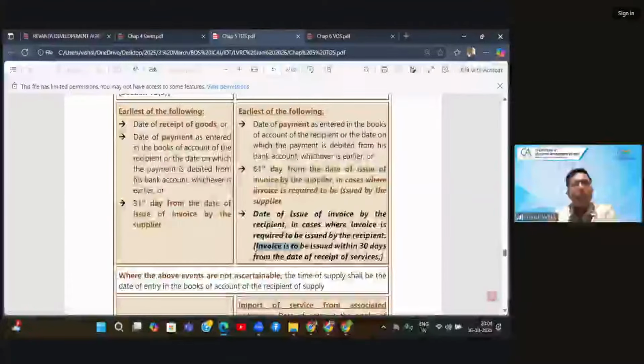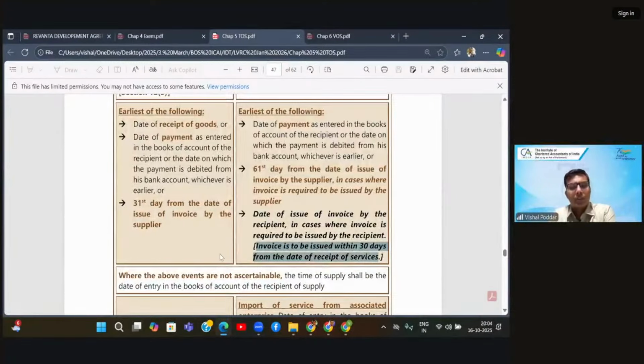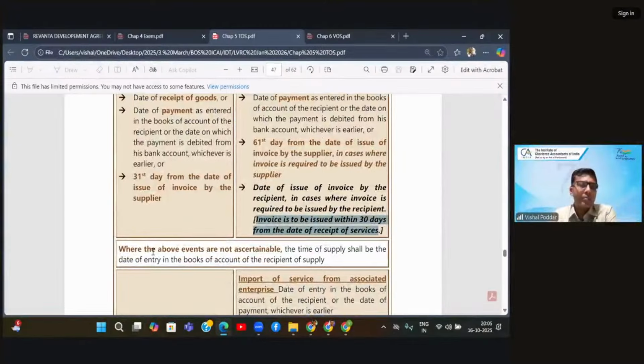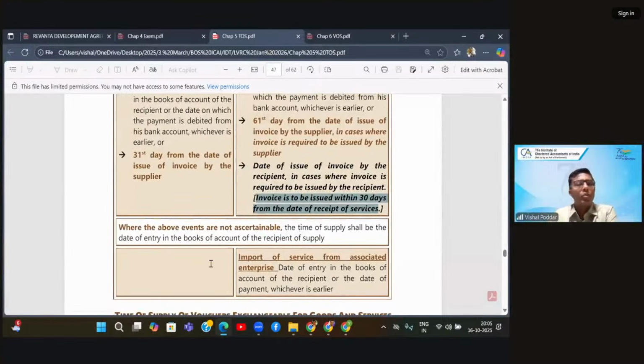And then they have added that the recipient should issue this invoice within 30 days from the date of receiving the service. So this is the time of supply in case of a reverse charge transaction. Again, the same carve out is given where any of the above dates are not ascertainable. The time of supply shall be the date of entry in the books of accounts of the recipient of the supply.